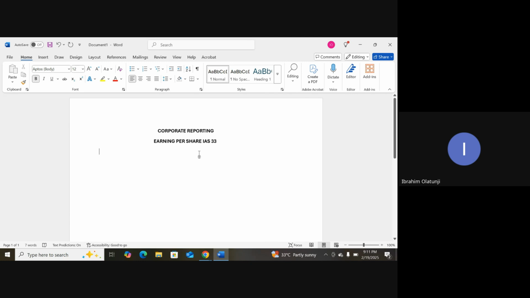Today, the topic that we want to look at is IAS 33, earnings per share. Under this IAS 33, we are going to look at the benefits of EPS, which is earnings per share.